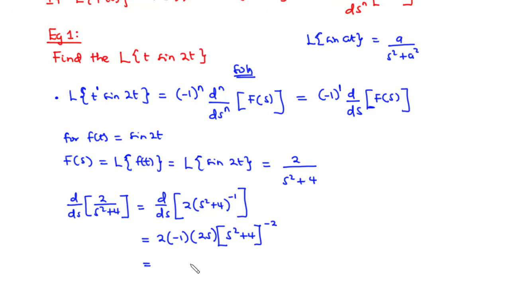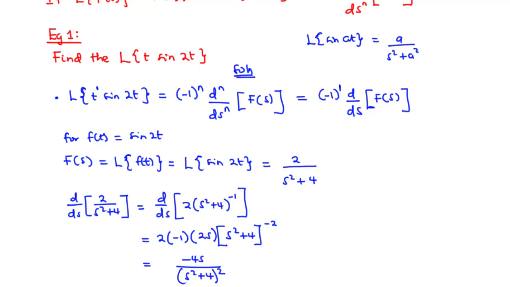So finally we have 2 times 2 is 4, times -1, so -4s, divided by (s squared plus 4) exponent 2. So that is the first derivative of 2 over s squared plus 4. Now we are going to fix that here.